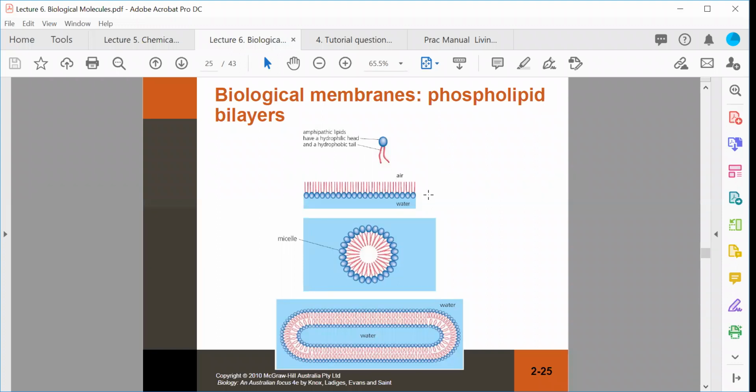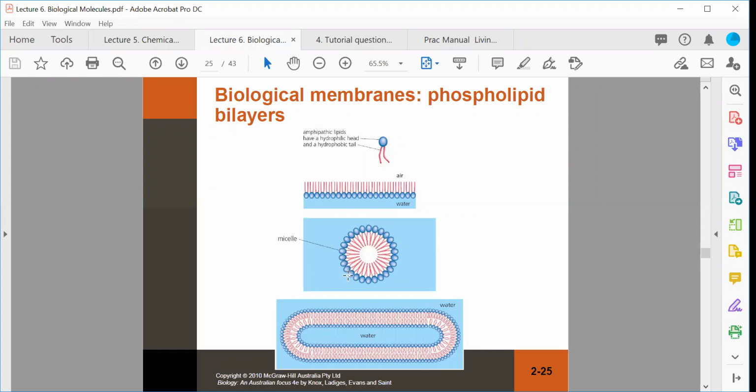Now imagine if you could just agitate that solution and force those phospholipids into the actual solution itself. What do you think might happen? And now we're looking at this image here. So now the phospholipids have rearranged themselves into this self-enclosed sphere, this vesicle, if you like. And this is referred to as a micelle.